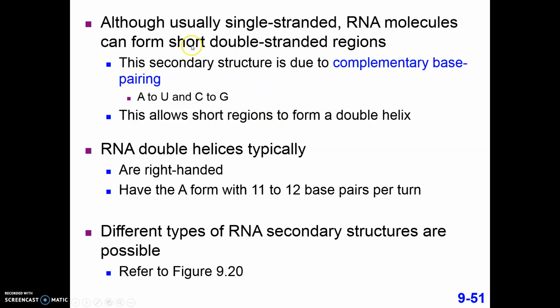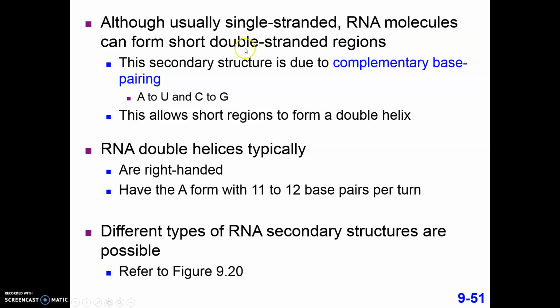So as we were saying before, we usually think of RNA in terms of a single-stranded molecule, specifically thinking about messenger RNA, because that's where we see it over and over and over again. But even in messenger RNA, there are regions that are double-stranded.